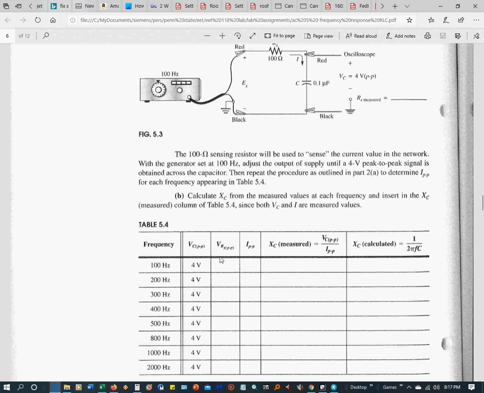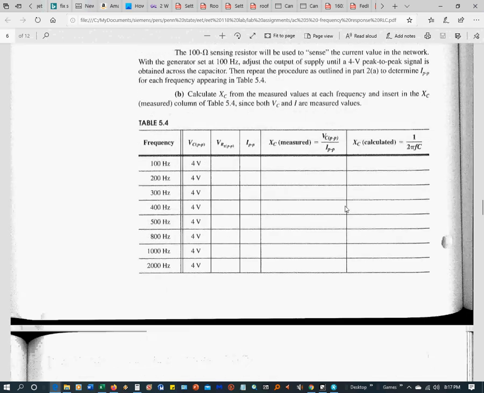Now, in the answer sheet I put on there, every one of these boxes you have to put in a value for, and I think I put them in column form. So I went down the line, I just changed the frequency, and I said what's VRS peak to peak for each frequency, and then I went to I peak to peak, and then XC measured, all these values, and then XC calculated, all these values. Probably what you're going to end up getting is that these numbers are going to be very, very close.